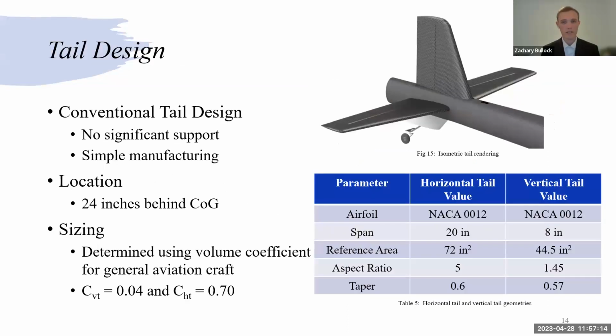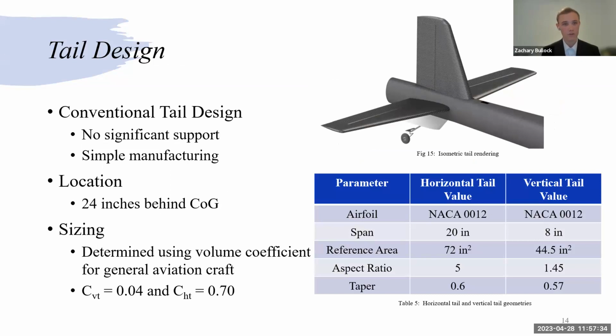Our tail design was selected based on similar general aviation aircraft presented in the textbook we used. No significant support was made in the way of external attachments, so all mounting was internal to the fuselage to reduce drag, and they were located approximately 24 inches behind our center of gravity.